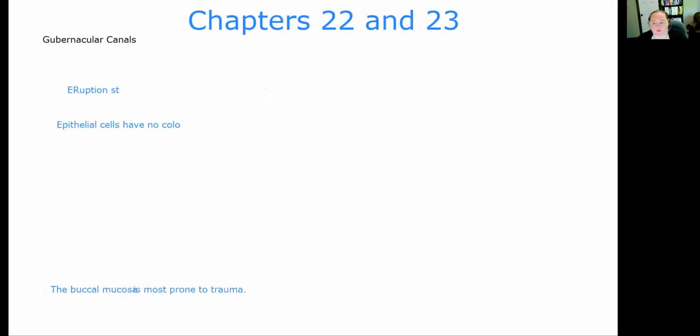How about what the dental sac forms? Ooh, buccal mucosa, most prone to trauma. Very good.